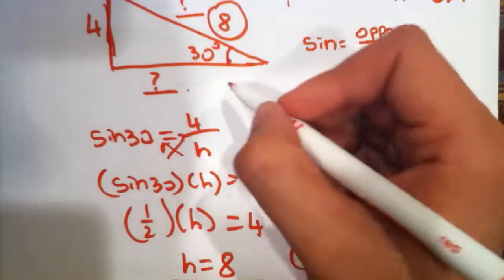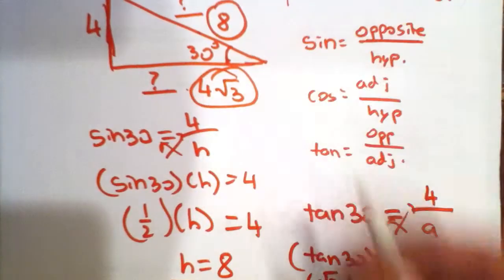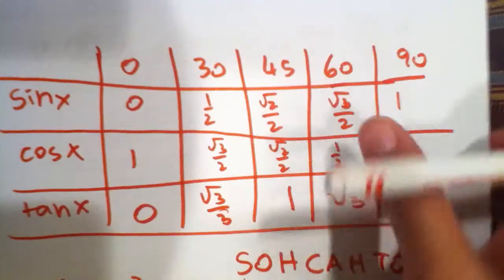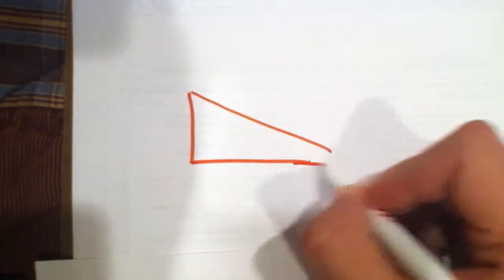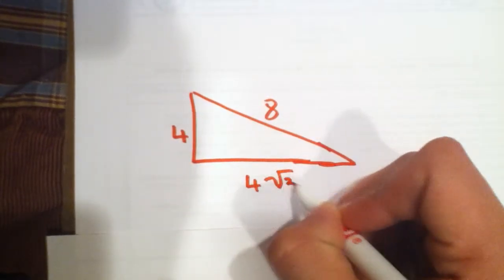So this side here is 4 square root of 3. So redrawing this triangle, all the values would be 8, 4, and 4 square root of 3.